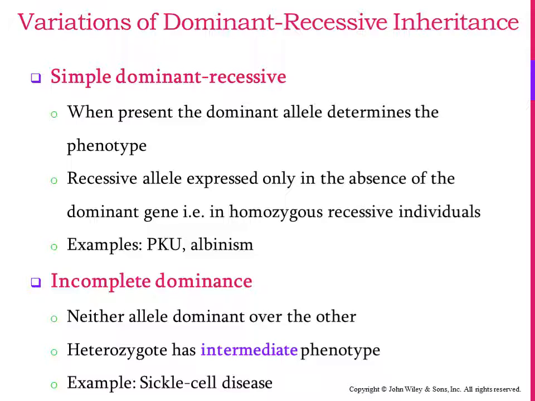So of course in the homozygous individuals, they'll express the trait associated with that allele. The intermediate phenotype, however, is expressed in the heterozygous individual. So the person that has 2 different versions of the allele will have an intermediate phenotype where one is not dominant over the other.